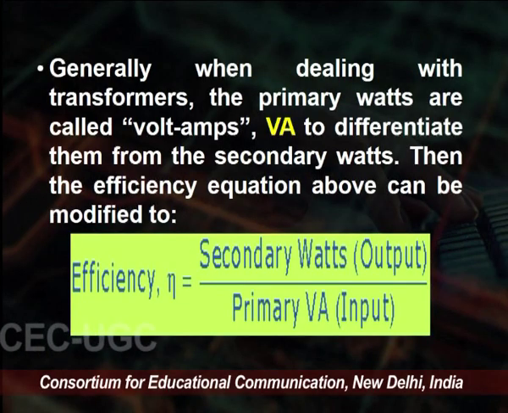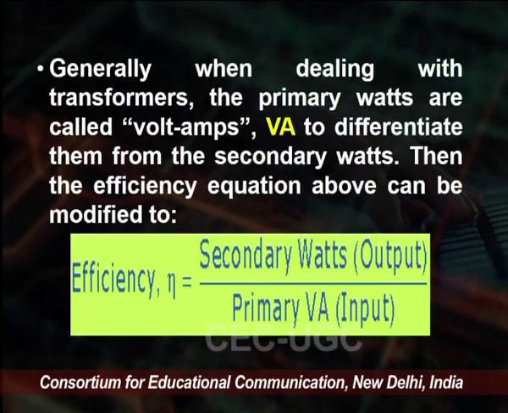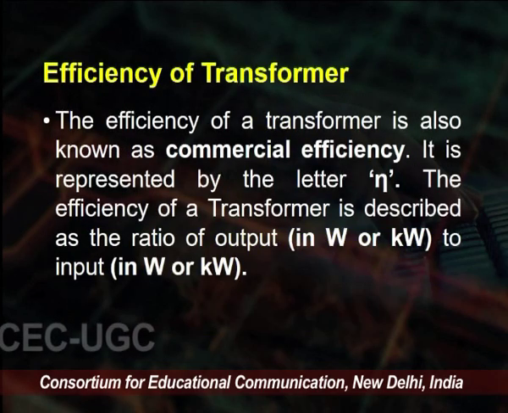Generally, when dealing with transformers, the primary watts are called the volt-ampere, VA, to differentiate them from the secondary watts. Then the efficiency equation above can be modified as efficiency is equal to secondary watt output divided by primary VA input.